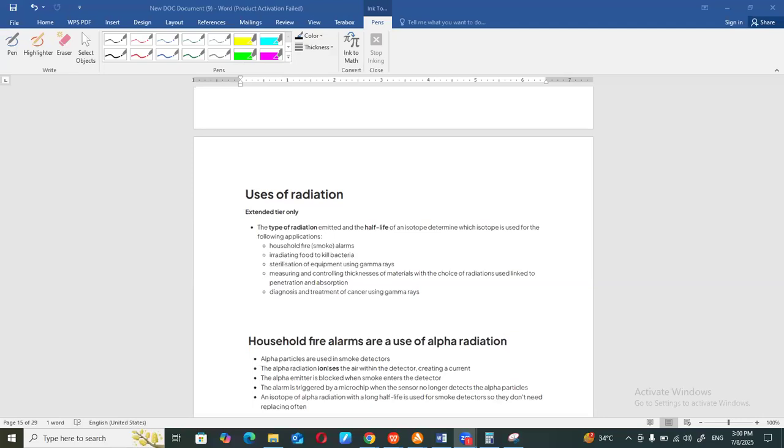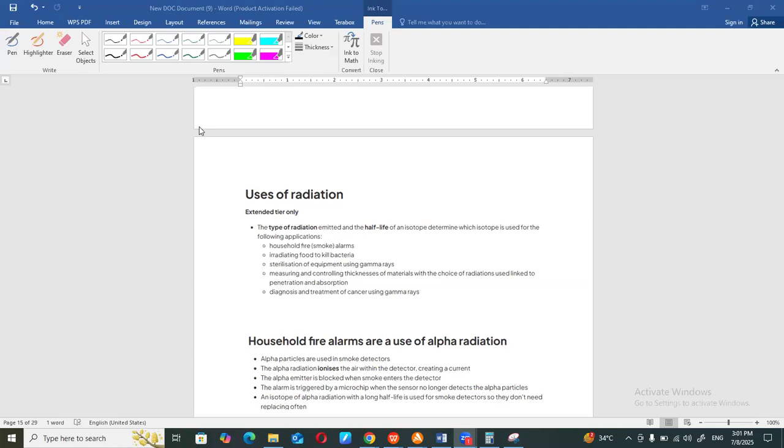Okay. This is our lecture number 24, and this is related to uses of the radiations alpha, beta, and gamma. There are so many uses for them. Like you can see here, they are used as household fire alarms.